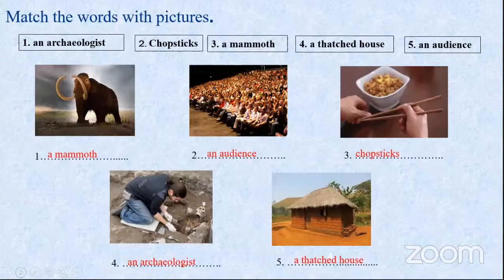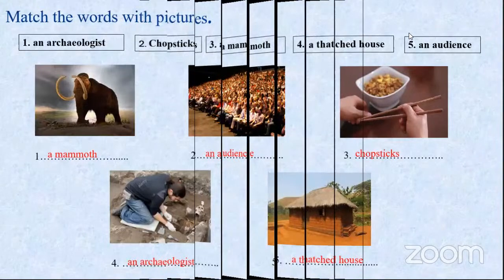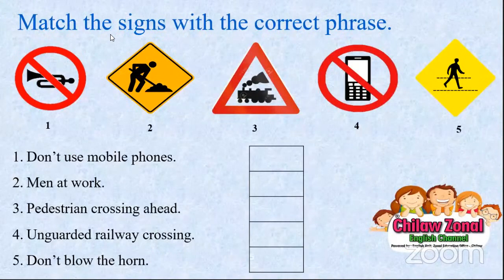Okay. I think you may have written the answers. Now let's move to the third activity. All are picture related activities. So in this activity, you have to match the signs with the phrases, with the sentences related to them. There are 5 signs. You may have seen these signs on your way.